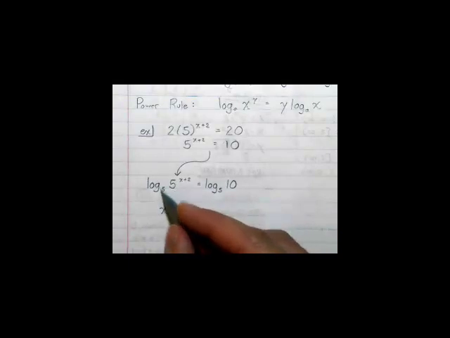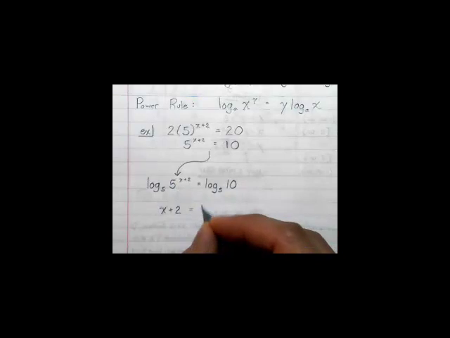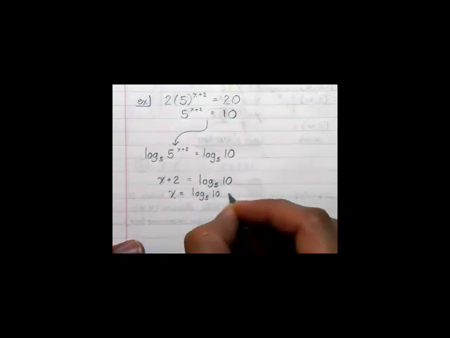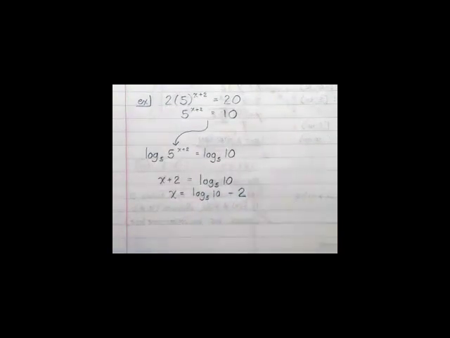Exactly. I used a 5 here because this was a 5, and I knew that would cancel it out. Okay, but I have to make sure I keep my log base 5 of 10 over there. Okay, and then solving for x, x is equal to log base 5 of 10, that quantity, whatever it is, minus 2.